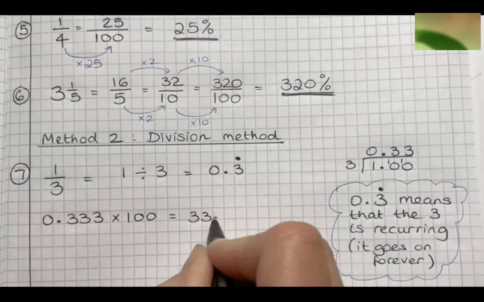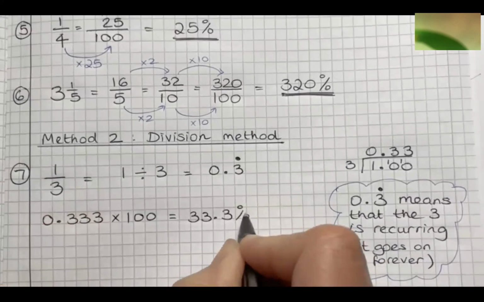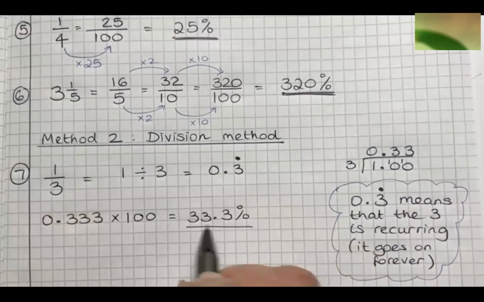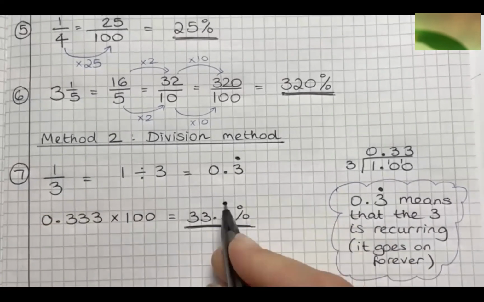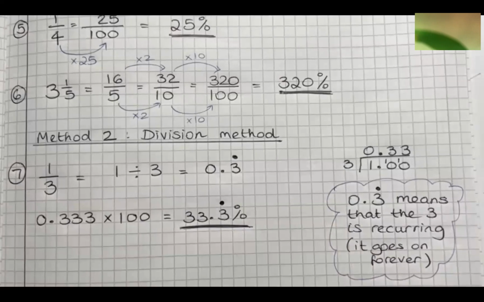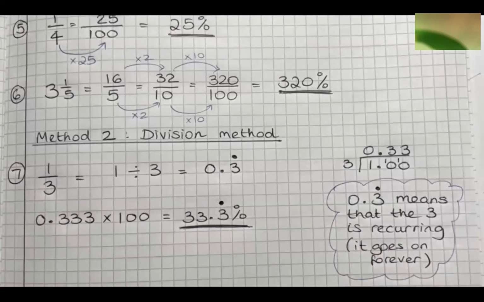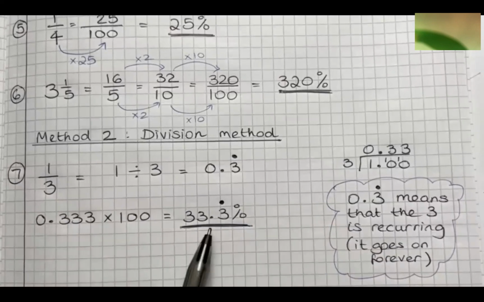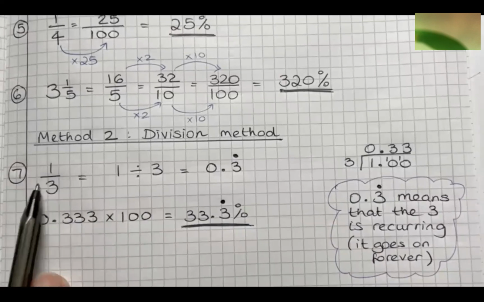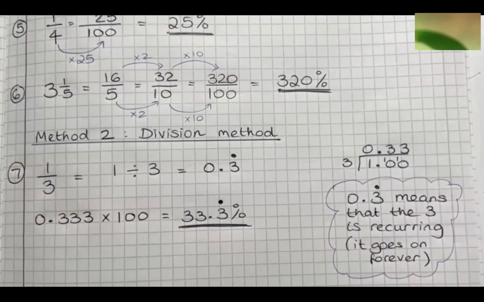That's going to give me 33.3% to 1 decimal place. Or I can put my recurring dot there that tells me the 3 goes on forever. Okay, so that's how we get a percentage when we cannot easily convert our denominator into 100.